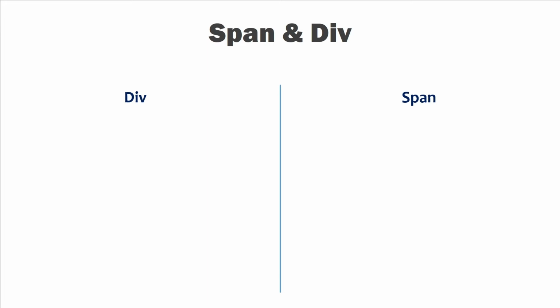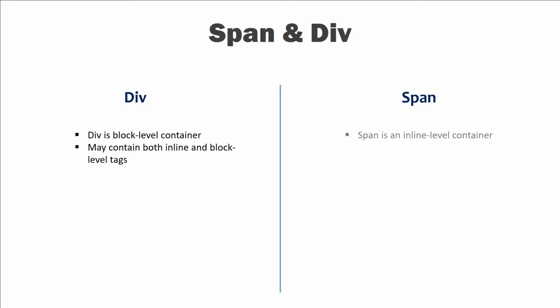So span and division, both of them are containers, but div is a block level container, and you can put inline and block level tags inside this div tag. So there is no restriction in div tag. But a span is an inline level container, and you can put only inline tags in the span, not block level tags.